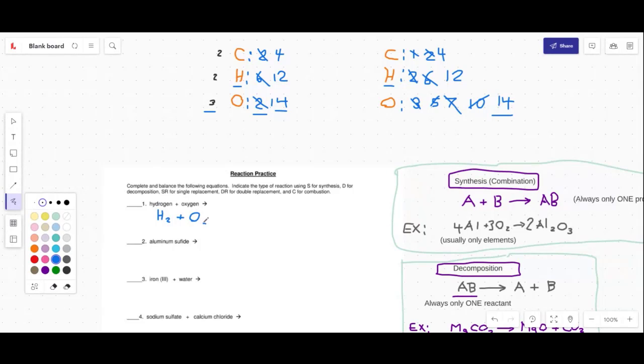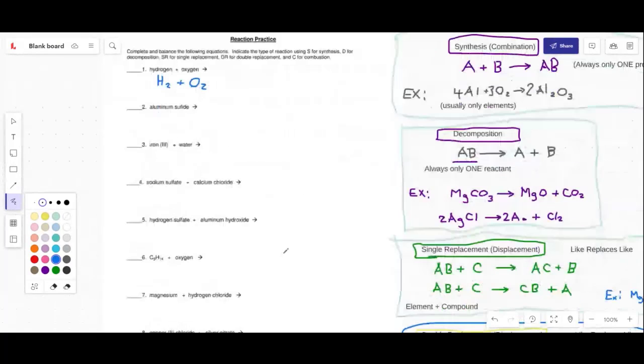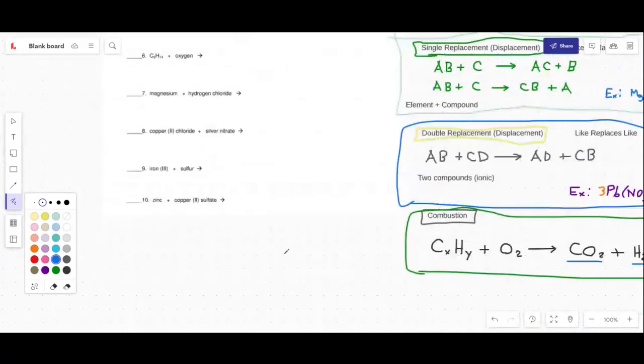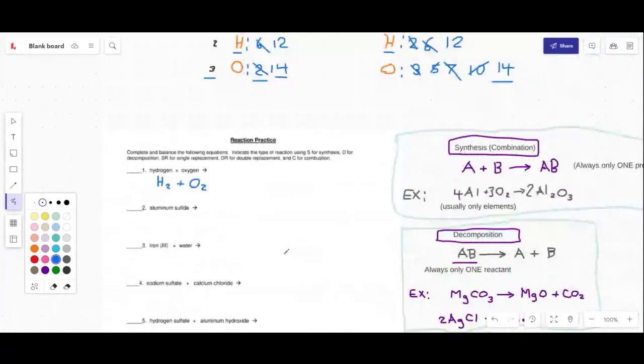So based on that, I see that these are two elements. What type of reaction is this going to have to be? Synthesis, decomposition, single replacement, double replacement, or combustion? Synthesis.